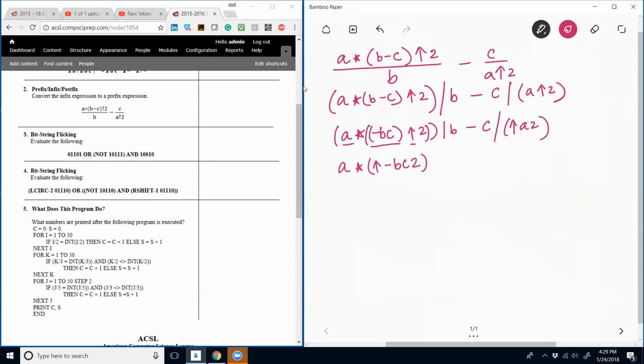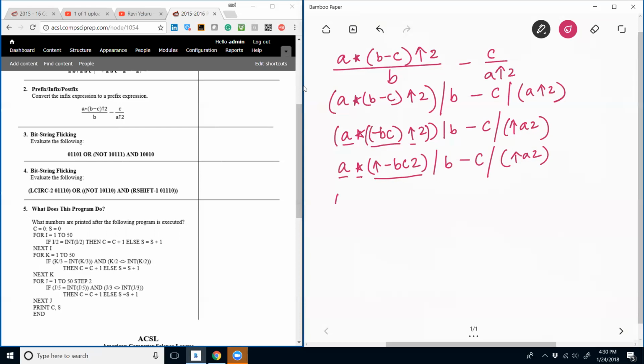So this up arrow, I put it in the front, and then because b minus c is one term, I put it there, and then this whole thing has become one term, slash b minus c, and I'll continue to do these brackets and parentheses here until I'm ready to open them up. In the next step, as you can see, this whole thing is one term, and this star is separating this and this whole term.